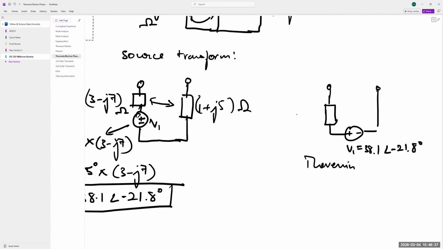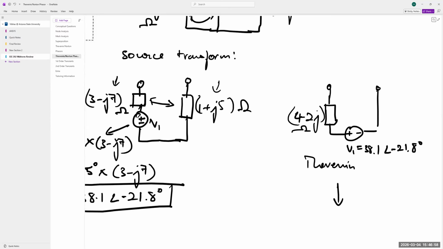This resistance is gonna be the series combination of this and this. So that's 1 and 3 add to 4, plus J5 minus J7 that adds to minus 2J, and that's in ohms. So this is your Thevenin equivalent.